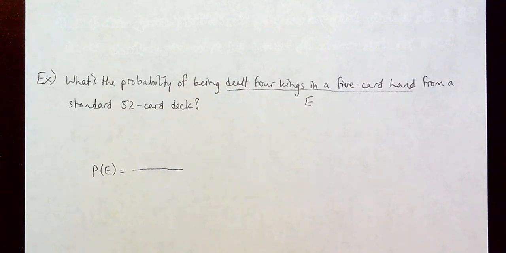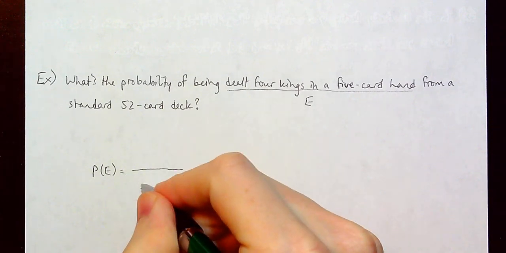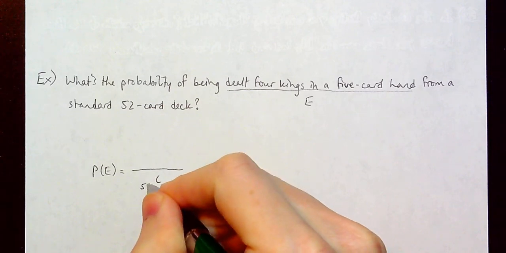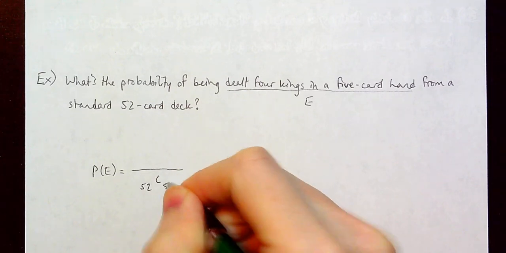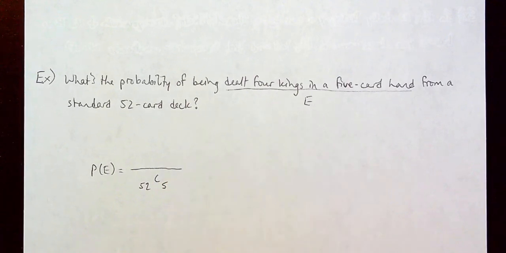We have a standard 52-card deck. We can be dealt any 5 cards whatsoever, but the order in which we get the cards doesn't matter. It's just what 5 cards we get. So the total number of 5-card hands we can have is going to be 52 choose 5.